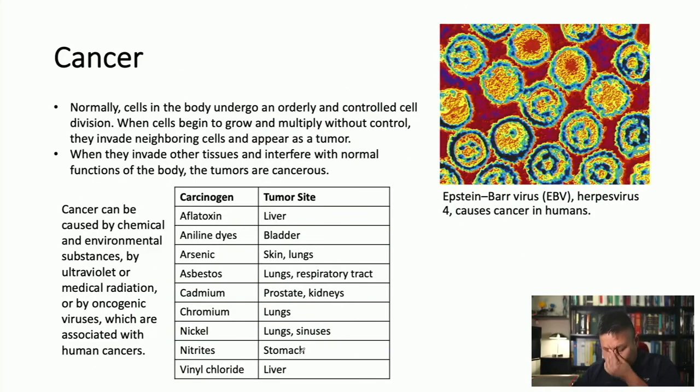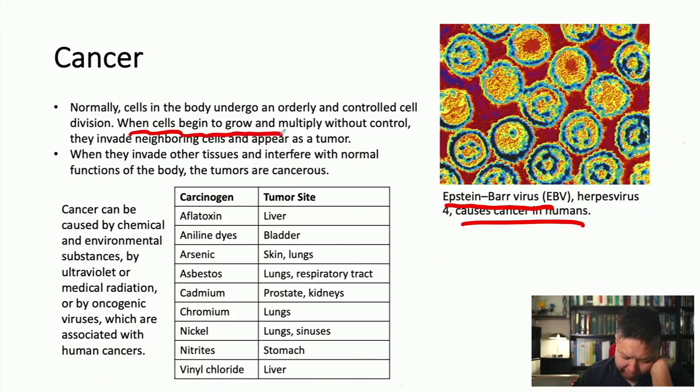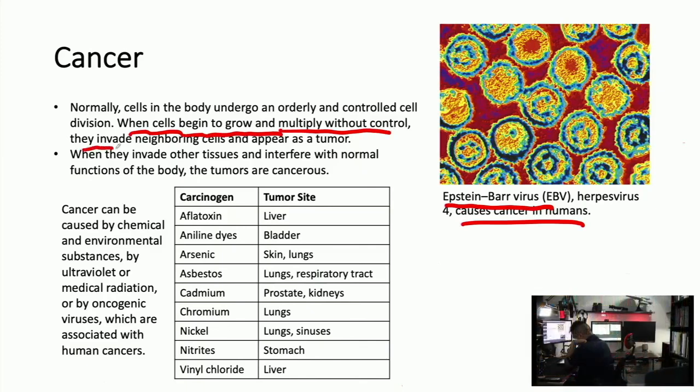Then we have cancer. I have a picture of the Epstein-Barr virus, and it causes cancer in humans. Normally, cells in the body undergo orderly and controlled cell division, but when cells begin to grow and multiply out of control, they invade neighboring cells and appear as a tumor.